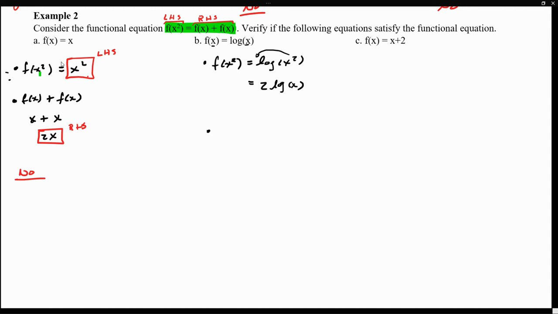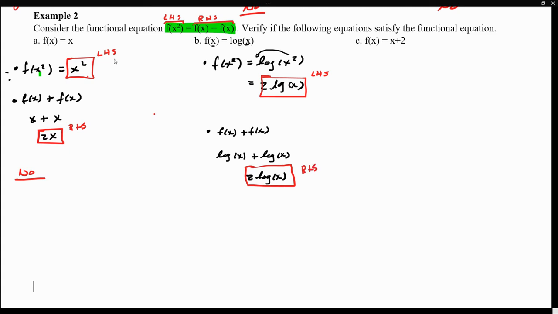So now let's find out what the right-hand side is. So f of x plus f of x. Well, we know that f of x is just log of x in this case. So we're going to have log of x plus log of x. And 1 log plus another log is just 2 logs of x. So now notice that on my left-hand side, we have the expression 2 log of x, and on the right-hand side, we got the expression 2 log of x.